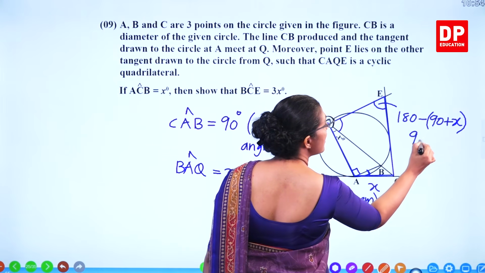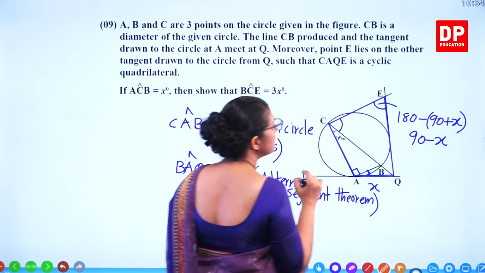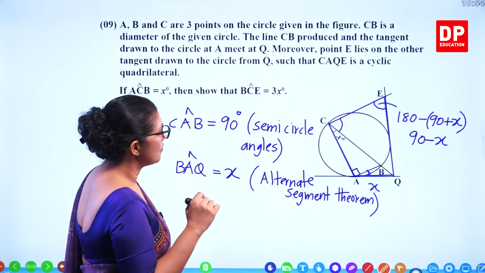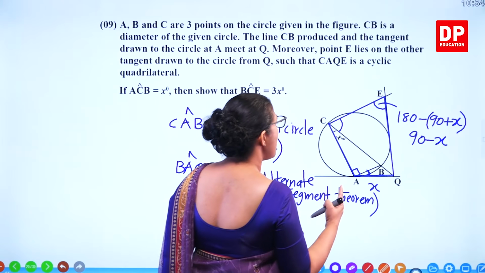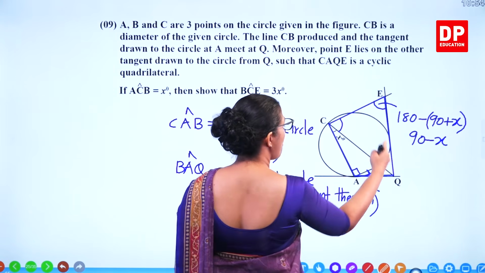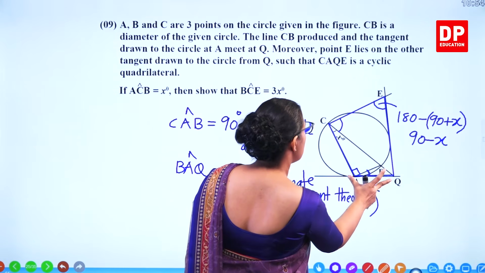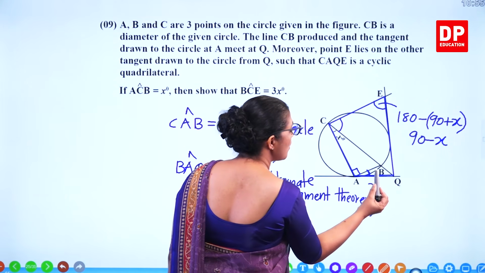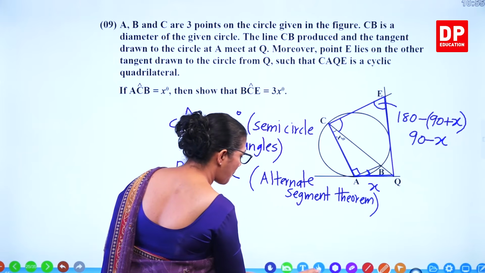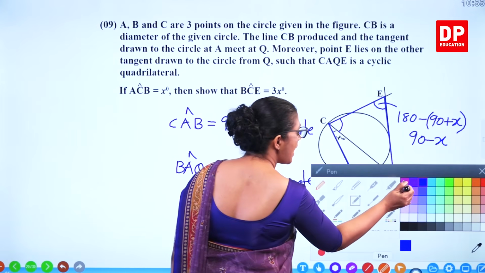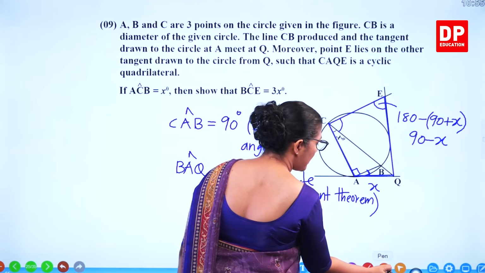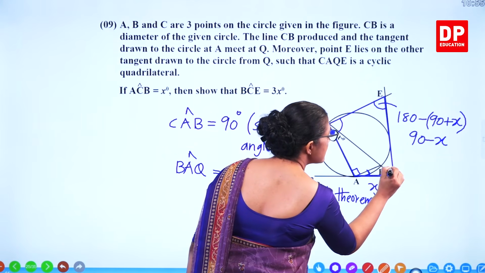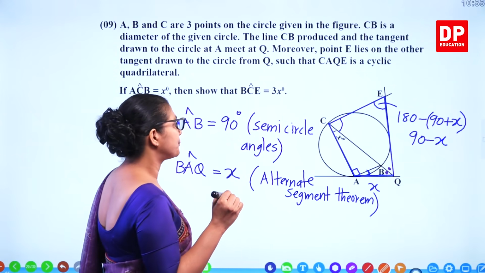So what's the value? 90 minus x. So what else do we know? This is the tangent drawn, and this angle and this angle both are equal. What's the reason? The tangents bisect the angle as well.